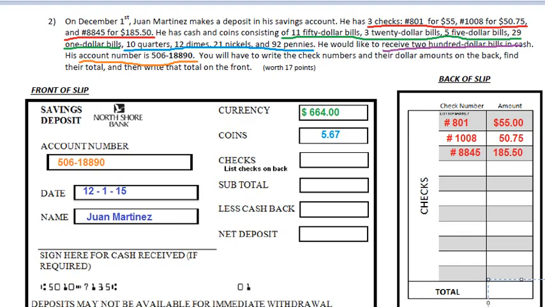So any checks that you have actually go on the back of this slip. And so we list them all out. Like I said, we only have 3 of them, but we're going to list them all out right there, and we're going to write the total down at the bottom. We also write that total right here. After adding them up and writing down the numbers, we write the total on the front as well.